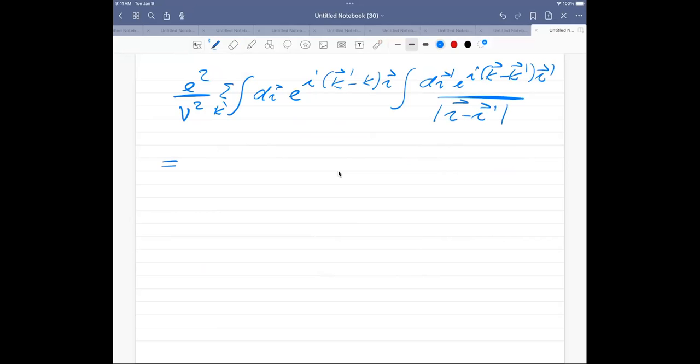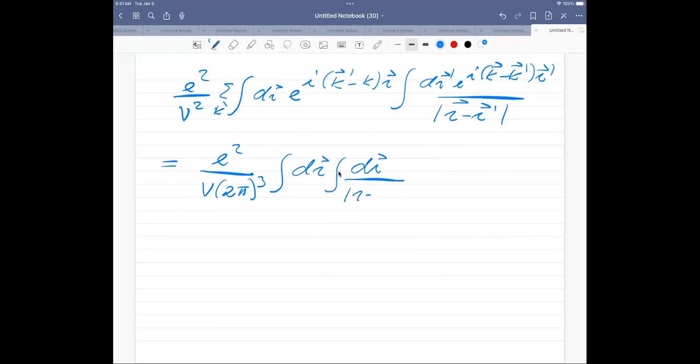And this is now going to be replaced by e squared divided by V multiplied with 2 pi cubed. And then I have an integral over dr, and an integral over dr prime, and then 1 over r minus r prime.